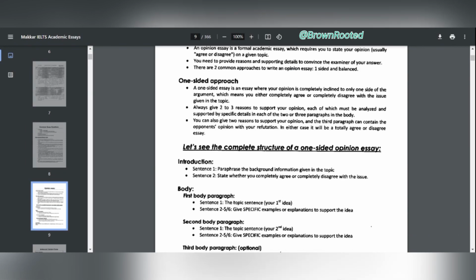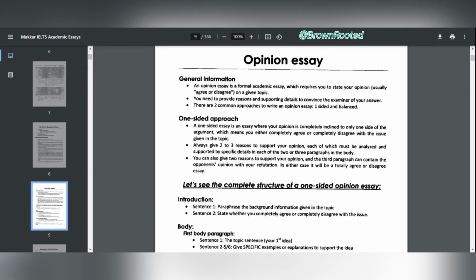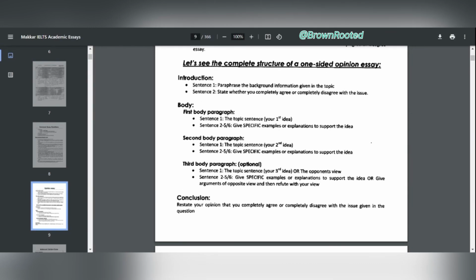So I'm going to show you here. Opinion essay, general information or one-sided approach. They're just showing you how you should be putting this. The first body paragraph could be the first idea, the second body paragraph should be the second idea, and specific examples based on that. The third paragraph is up to you. If you feel that your first two paragraphs have been enough to explain the situation, then you will be fine.